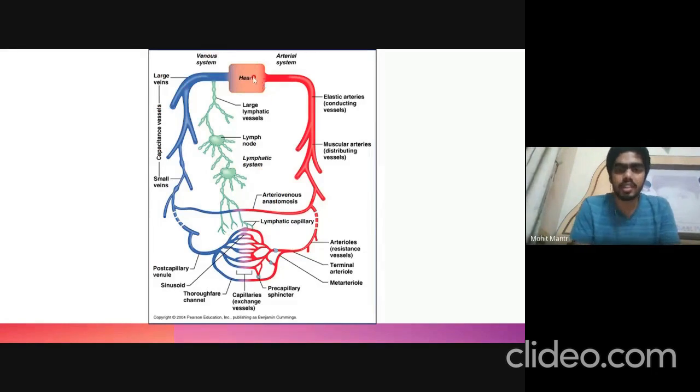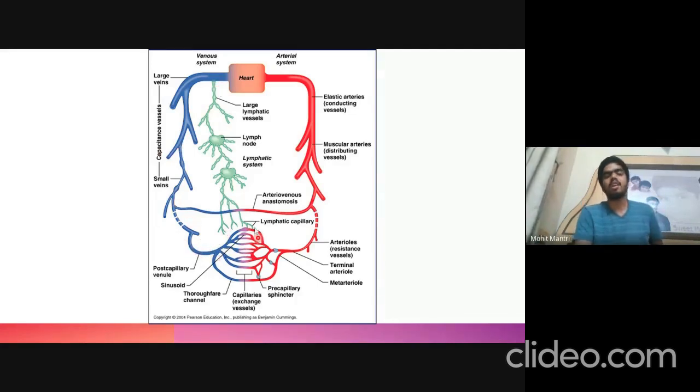What happens is blood will flow into the tissues via the artery, and then the arteriole and into the capillaries. Then the exchange will take place inside the tissue, and during this exchange, most of the fluid which enters the interstitial fluid is taken back into the capillary and reaches back to the heart via the venules and veins.